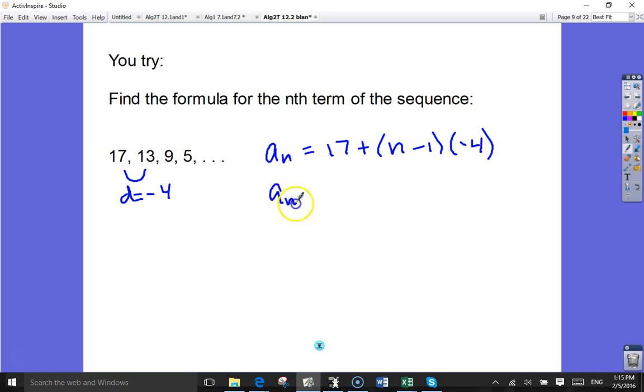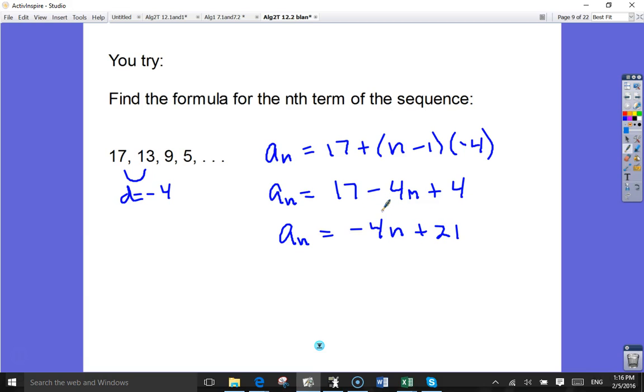So an equals 17 minus 4n plus 4. And you could check it out, right? N equals 1, you should get 17. -4 times 1 is -4, plus 21 is 17.